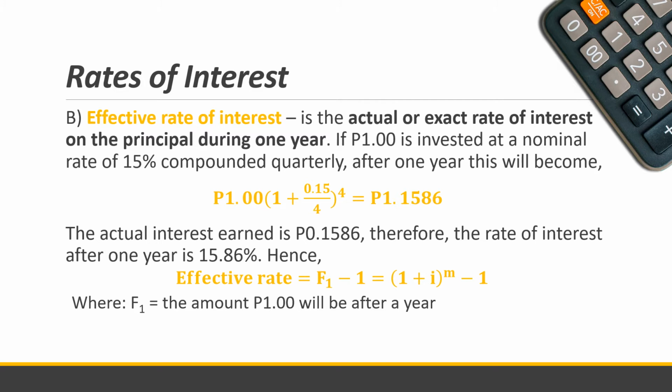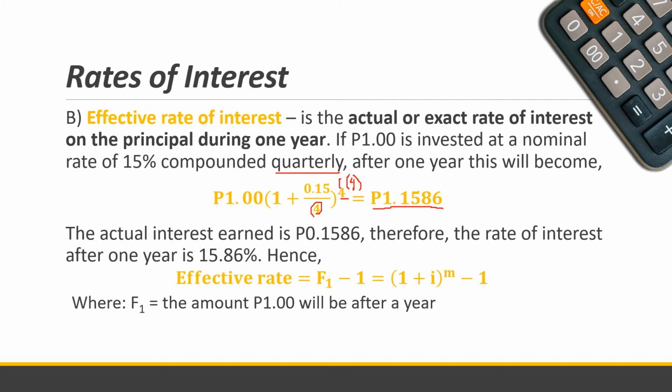If 1 peso is invested at a nominal rate of 15% compounded quarterly, after 1 year this will become P times 1 plus I, compounded quarterly, so you divide the rate by 4 and raise to the power of 4, because in 1 year your money is compounded four times. So the 1 peso after 1 year becomes 1.1586.